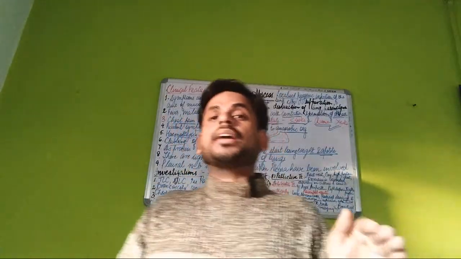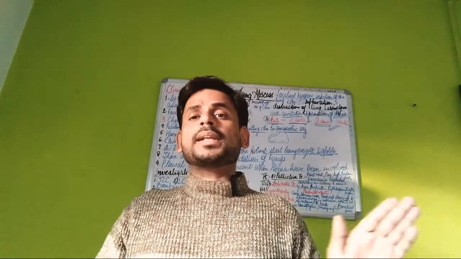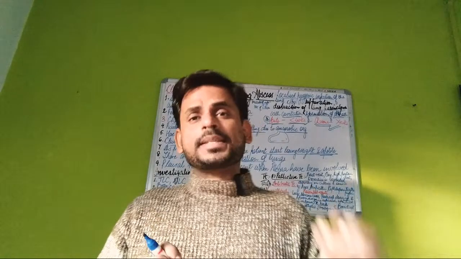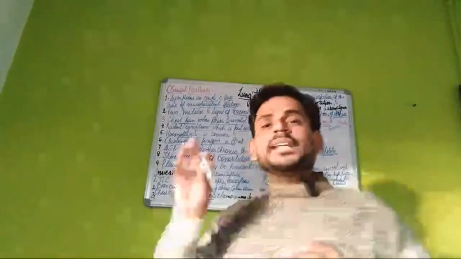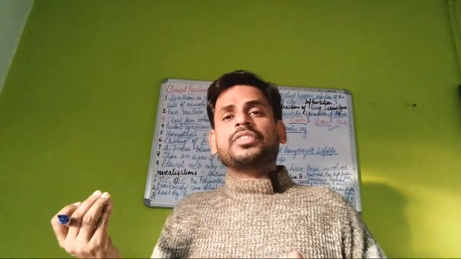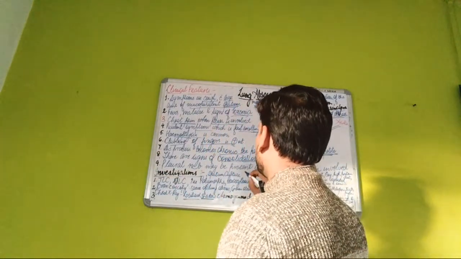In the normal routine, there is air present in the alveoli. But when this air is not present and it is invaded by pus, fluid or liquid, when the alveoli get filled with water, solid or liquid, any kind of thing, this situation is called consolidation of lung.